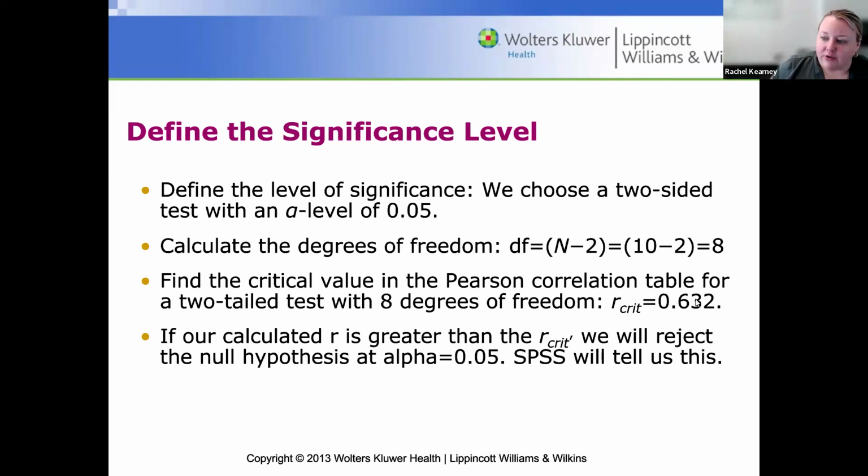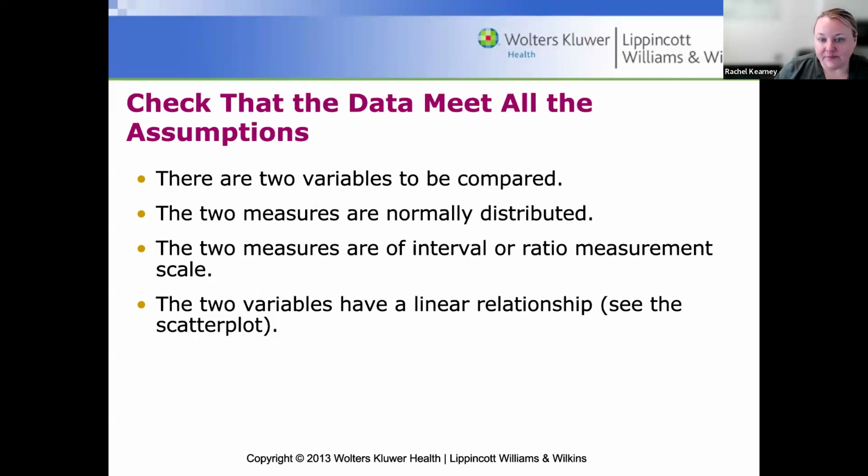The critical value, if you were calculating this by hand, you would look up the critical value, and we would see that our R is greater than the critical value, and you'd reject the null at alpha 0.05. Remember, you don't have to calculate these by hand. We're going to calculate these in SPSS.